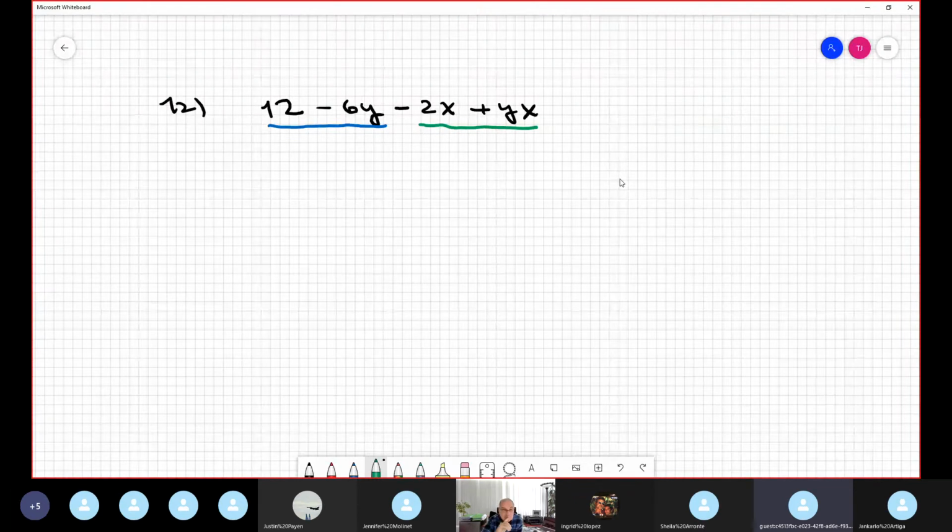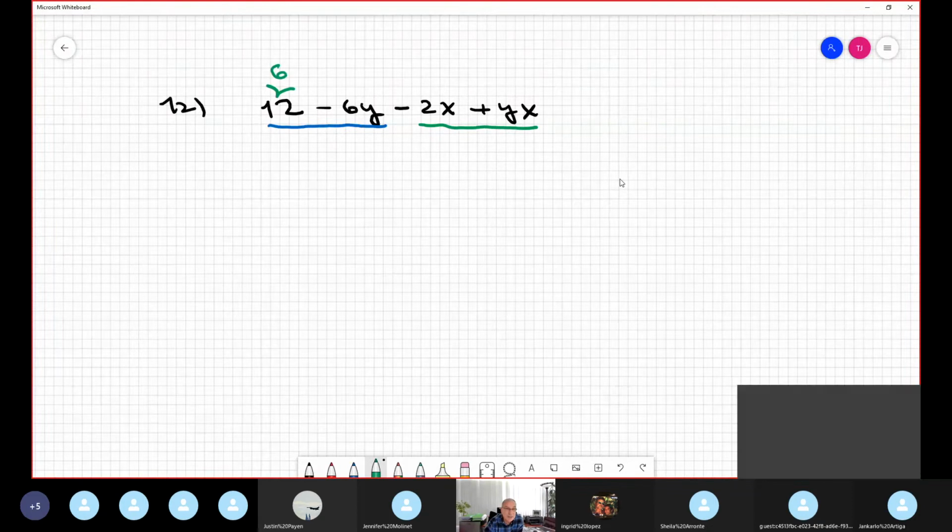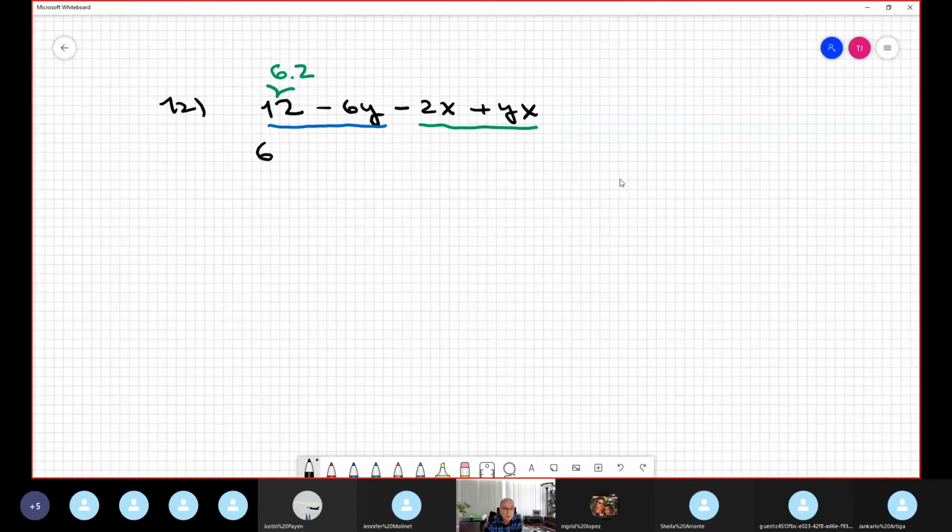What is the GCF in the first couple? 6. Very well. Because I got interpretation like a 6, 12, like a 6 and 2. 6 is the GCF. Open parenthesis. Inside the parenthesis, what do you write? 2. And minus? Negative y.